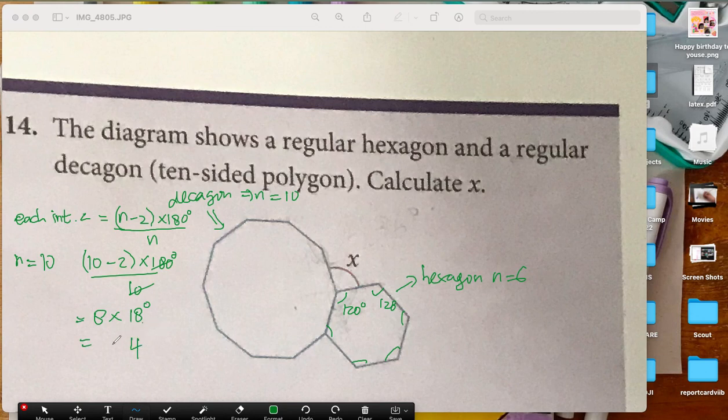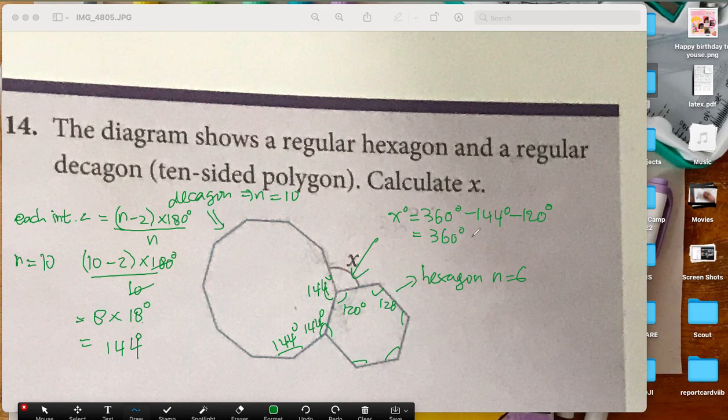So then x together with 144 degrees and this angle 120 degrees is angles at a point. So then x degrees equals to 360 degrees minus 144 degrees minus 120 degrees. Or if I want to do it mentally, I'll be adding this up first, and I'll be having 360 degrees minus the sum of this, which is 264 degrees.